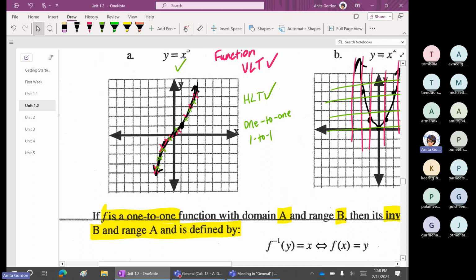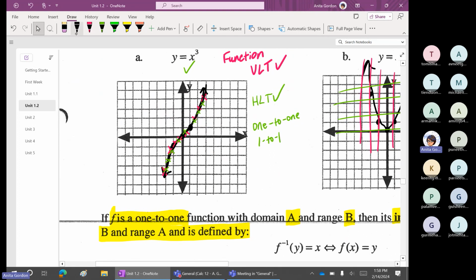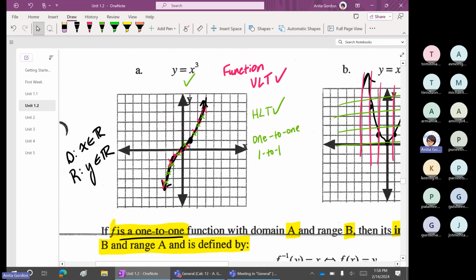Because this is a one-to-one function, what is the domain and range of this function? We have all reals, and what about the y? All reals. We know this is one-to-one, so the inverse function for x will also be all reals.